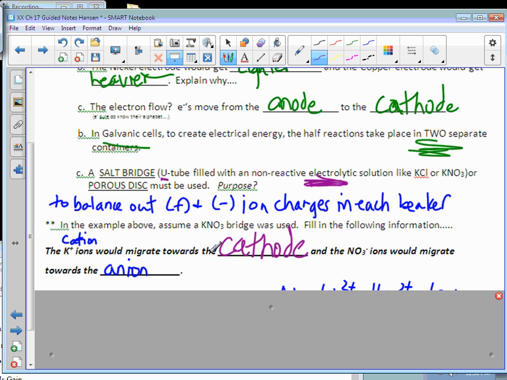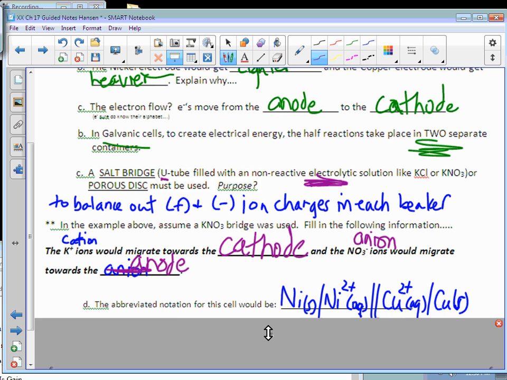Seeing a little connection there? And the nitrate, the anion, would migrate towards the anode. So keep your vowels together, keep your consonants together. It's a little device to help you remember, but most importantly, you have to remember why the cation goes towards the cathode and the anion goes towards the anode.